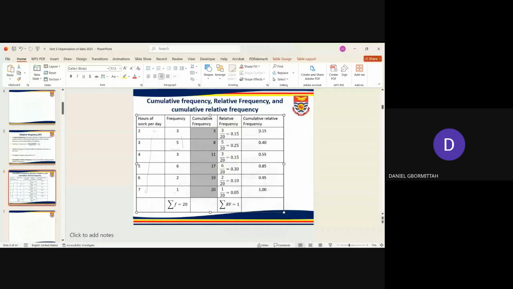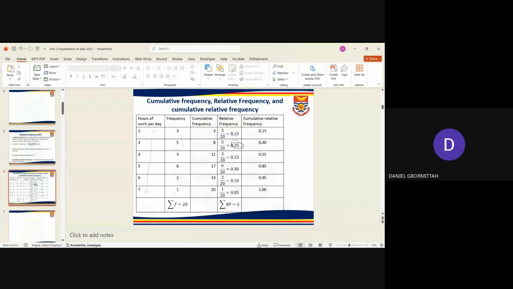So the cumulative relative frequency is just like the way we did the cumulative frequency. You add them. So the first one is 0.05. So this 0.05 plus the 0.15 will give us 0.40.